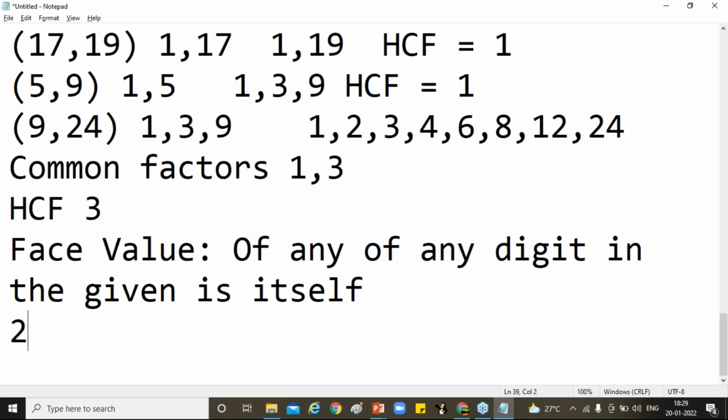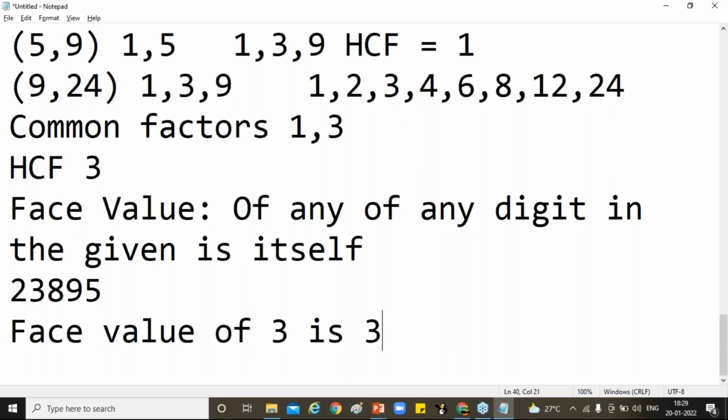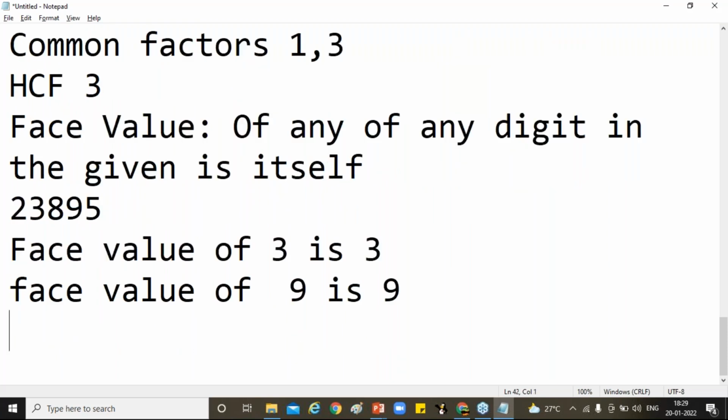For example, the number is 23895. The face value of 3 is 3. The face value of 9 is 9.